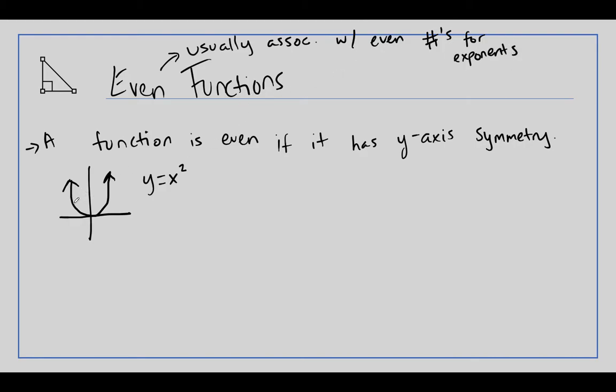Okay, so essentially this would mean that negative x, y, is the same thing here as x, y, right? f of x equals f of negative x, as we saw in our exploration.